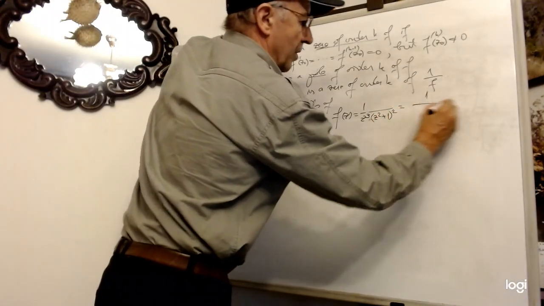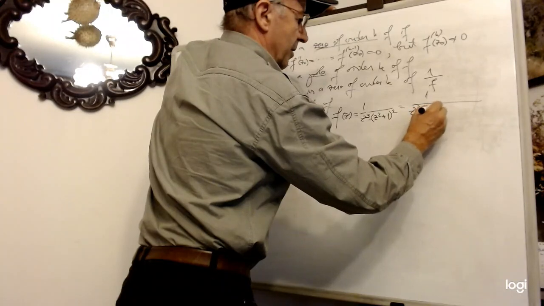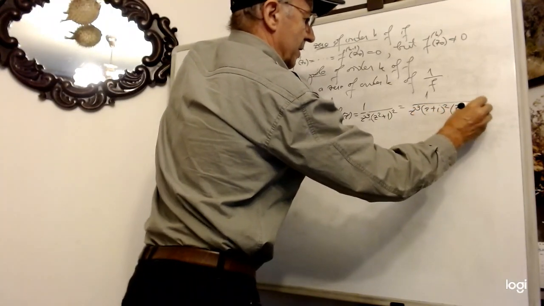Explicitly, this is 1 over z cubed times z plus I squared times z minus I squared.